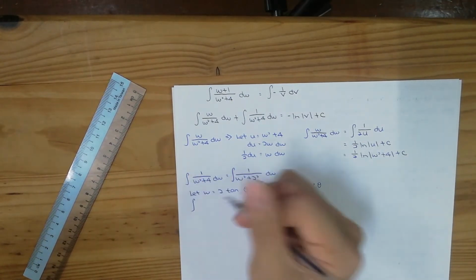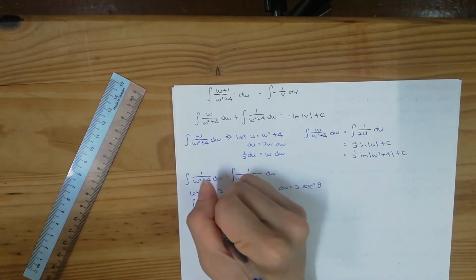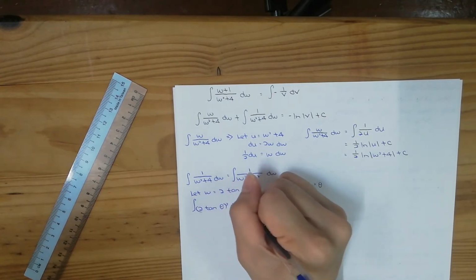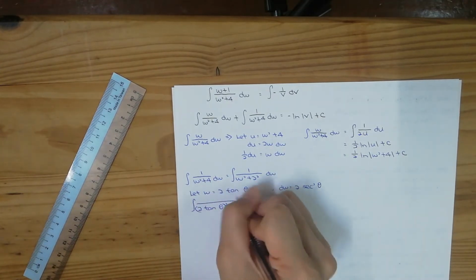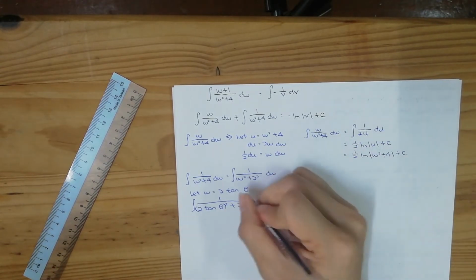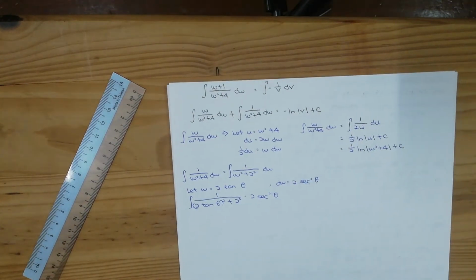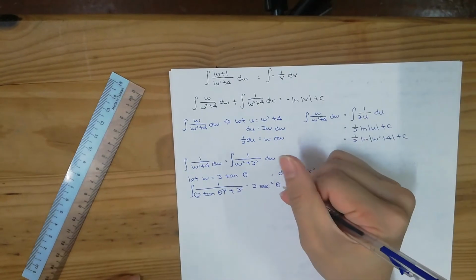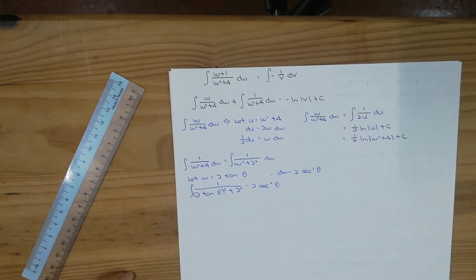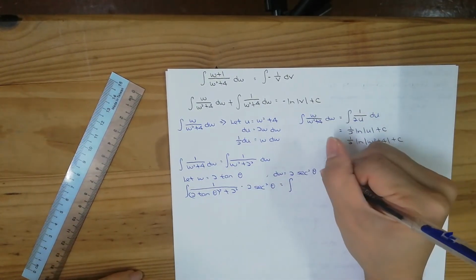So we get the integral of 1 over ((2 tangent theta) square plus 2 square), and our dw we multiply with 2 secant square theta d theta. Okay, so now we just have to simplify it.